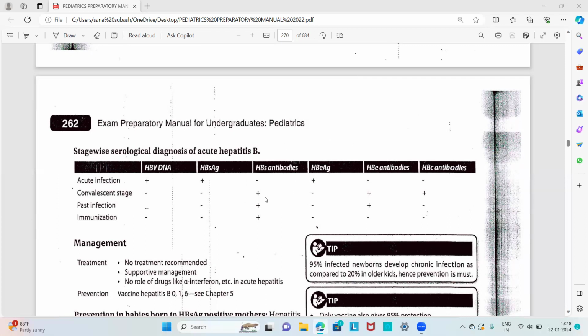In the convalescent stage, the antibodies are present but the others are negative. In past infection, only the HBs antibodies and the HBc antibodies are present, others are negative. In the case of immunization, HBs antibodies are present and others are negative.